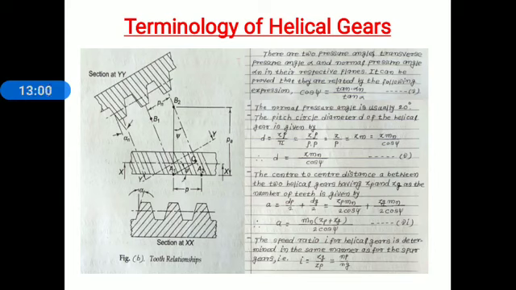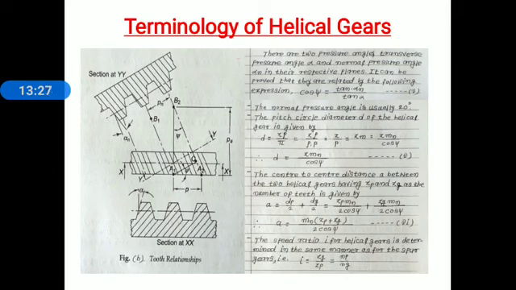And from equation number 3, m is equal to mn divided by cos psi, and substituting this value in this expression, therefore d is equal to z mn divided by cos psi. This we call equation number 6. Using this equation we obtain the value of pitch circle diameter of helical gear.